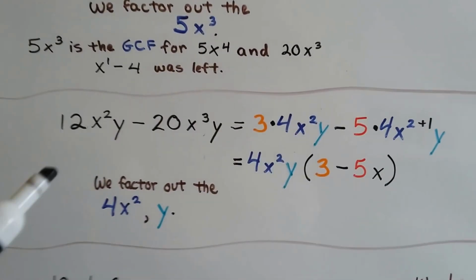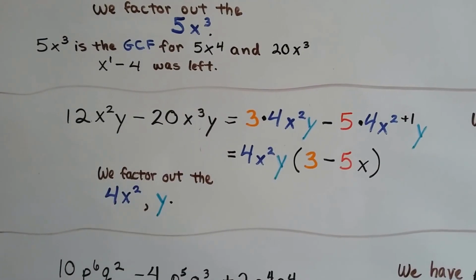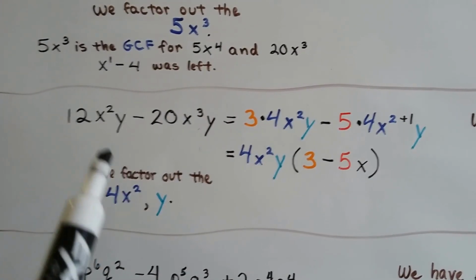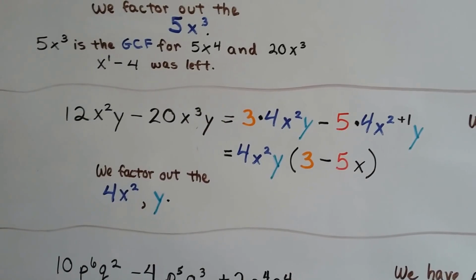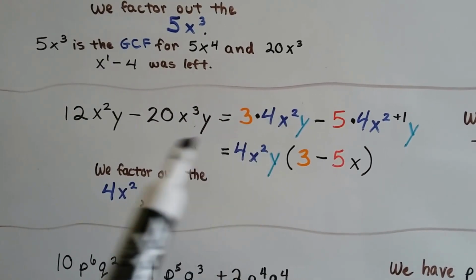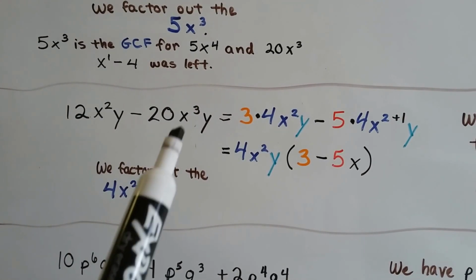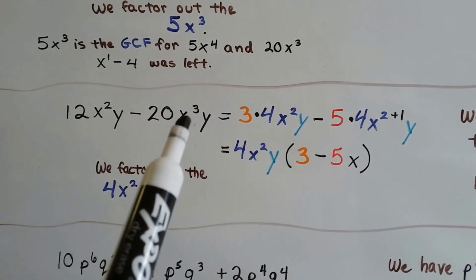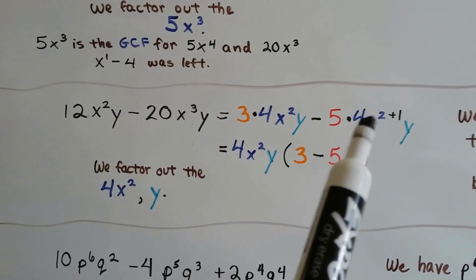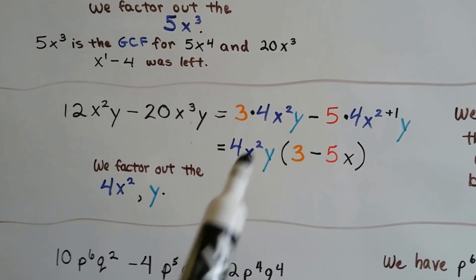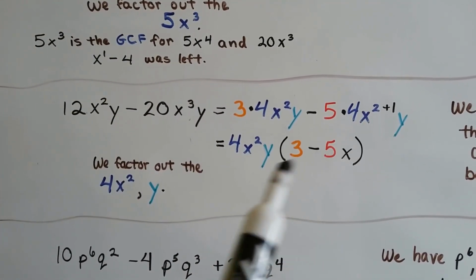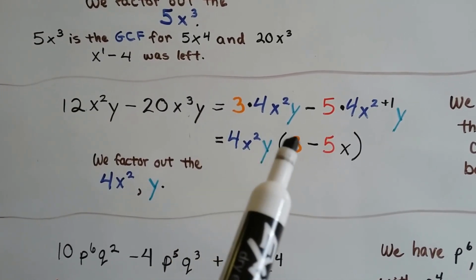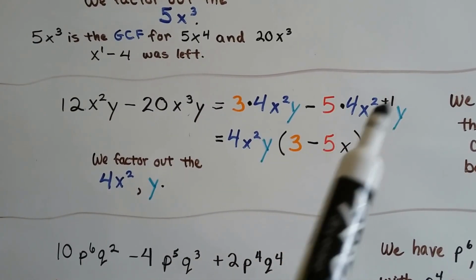For this one, what do 12 and 20 have in common as factors? Well, 12 is 3 times 4 and 20 is 5 times 4. So we can pull out a 4x squared from here and a 4x squared from here. This is x to the 2 plus 1, see? When we pull out the 4x squared from here and here, we're left with a 3 and 1x, see?